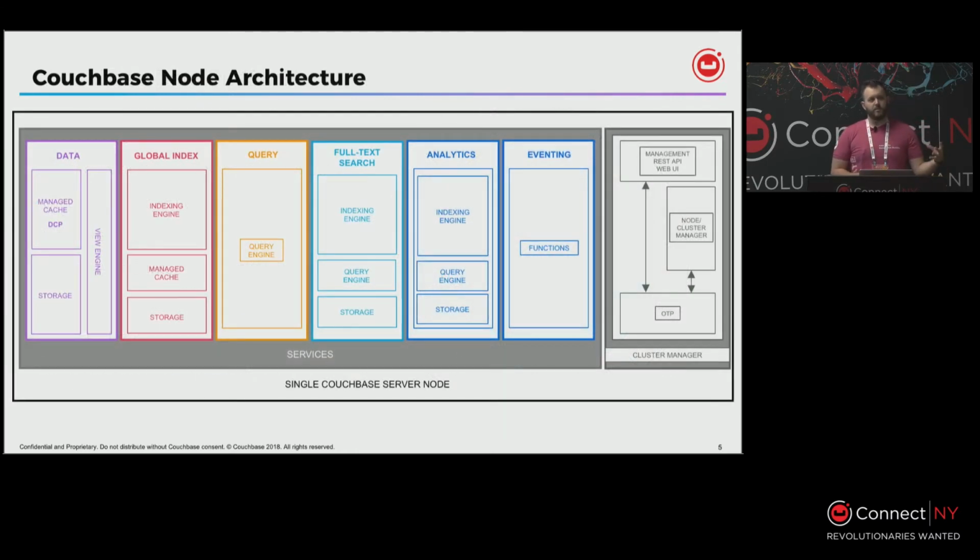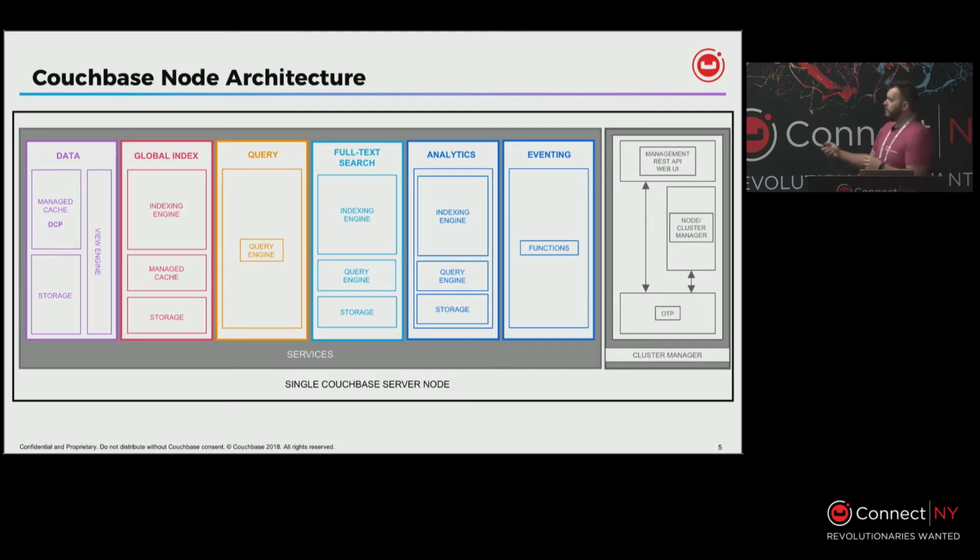But before we dive into those, I want to look at the architecture of a single node of Couchbase within a cluster. I know it might be a little hard to see there because of the lighting in the back, but when you install Couchbase, all of the services that we've talked about and you'll hear about throughout the day, data, indexing, query, full text search, analytics, eventing, are all shipped within that same package.